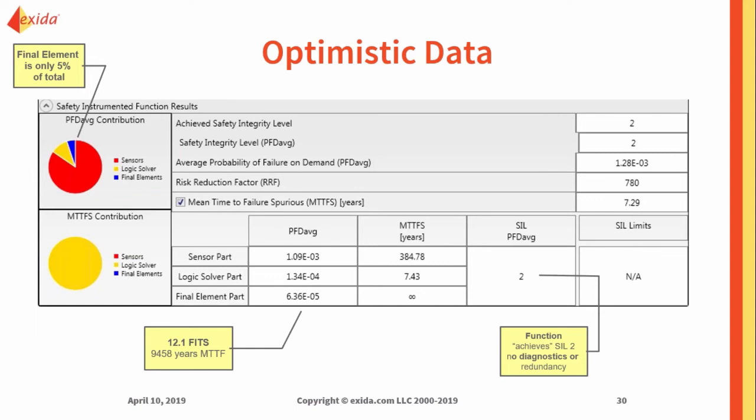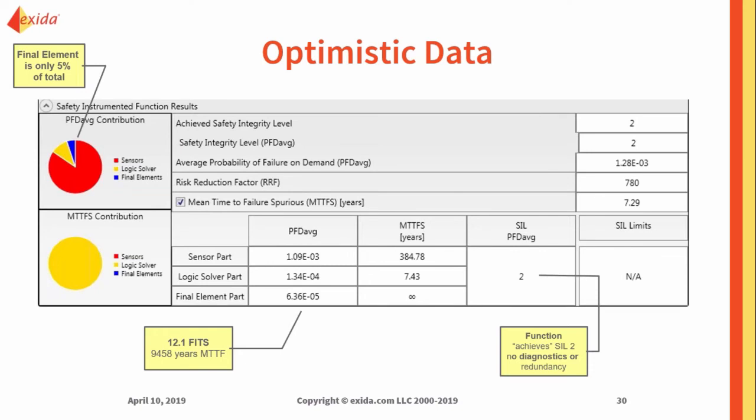You look up into the corner, at our pie chart that shows PFD average, and you're seeing something a little bit funny. It's showing that all of your final elements only take up 5% of the PFD average. The PFD average is the probability of failing dangerous on demand.